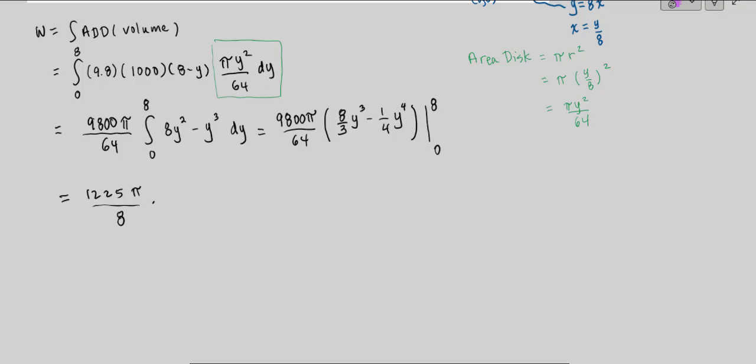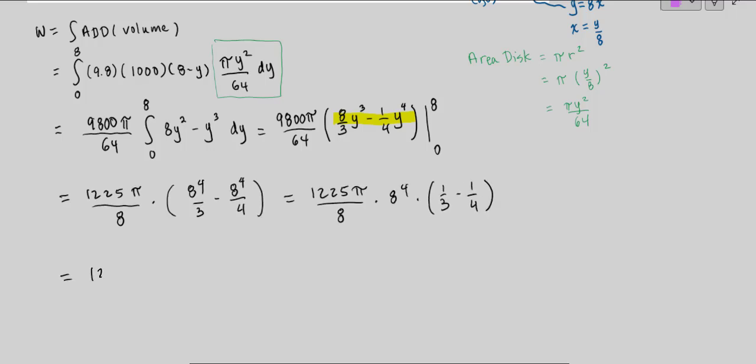There is our antiderivative, so we're plugging in 8. That's going to actually give us 8 to the 4th over 3 minus 8 to the 4th over 4. So we can factor out that 8 to the 4th, leaving 1/3 minus 1/4.